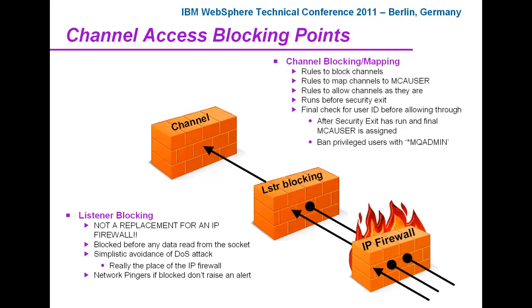If you have network pingers that don't send any data, they just open, they bind to the socket for the listener and then immediately close again, they won't raise an alert, but if they try to send data, then they will. So we don't consider them a threat if they don't send any data. We have an interesting situation in Hursley where someone has mandated a port scanner on all of our testing boxes.